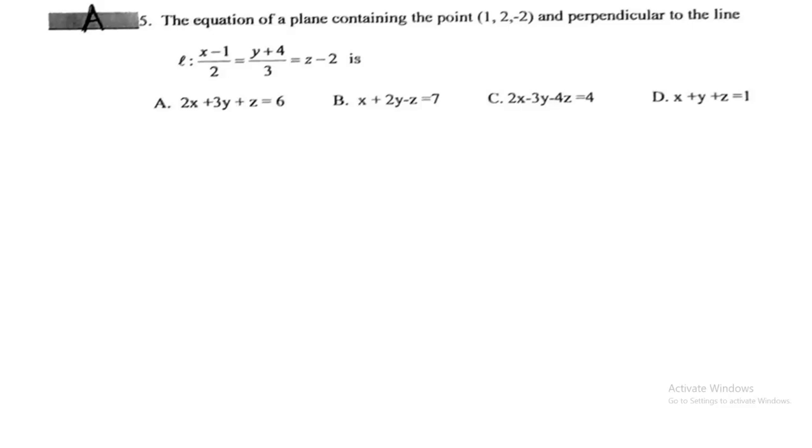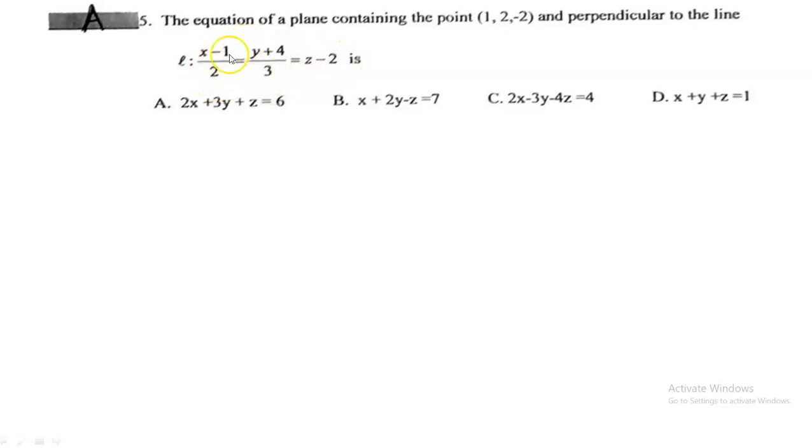Dear students, you need to know one thing here. If you see the denominators, in the first case 2, the second one 3, and the third one 1, even though it's not written, it's understood. These numbers 2, 3, and 1 represent the components of a directing vector of this line. So the line is supposed to be parallel to the vector with components 2, 3, 1.